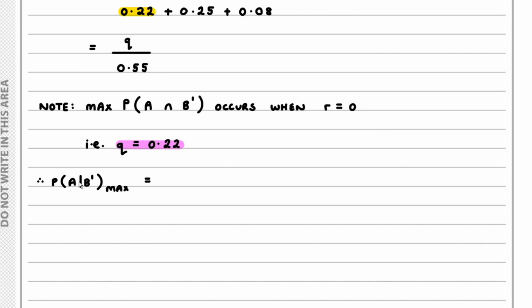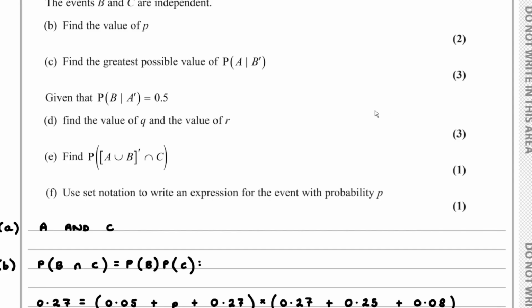Hence, the probability of A given not B max is equal to Q, which is 0.22, over 0.55, which simplifies to 0.4. Given that the probability of B given not A equals 0.5, part D, find the value of Q and the value of R.